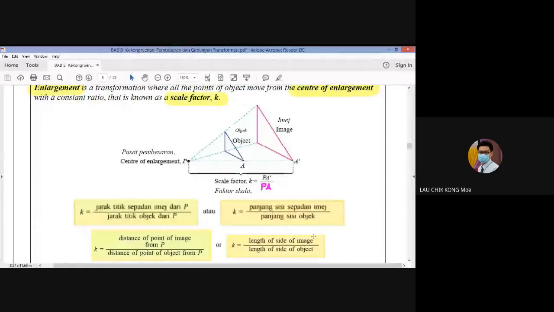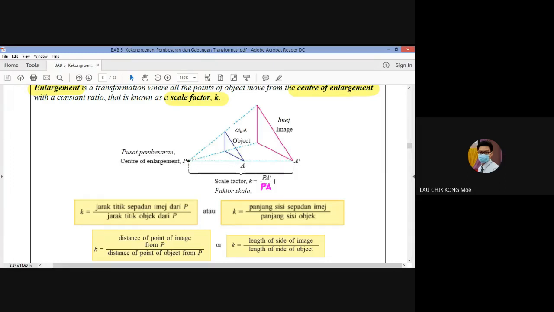Contohnya di sini saya ambil PA', PA' is the image. Daripada pusat sampai ke image, dia punya sisi PA', normally comma is the image ya. And then divide by the object, PA. PA ya, dia mula daripada pusat.